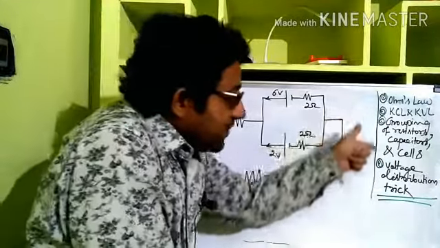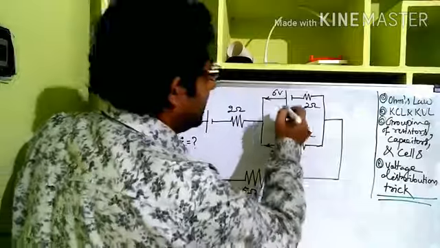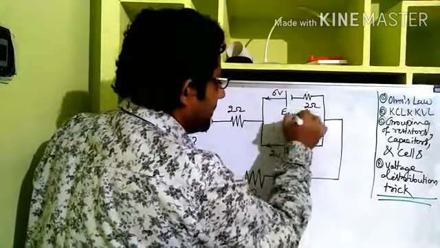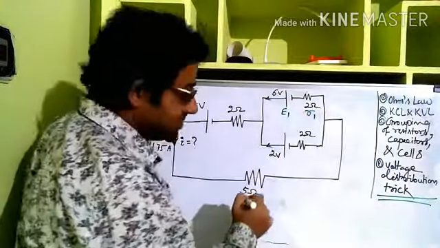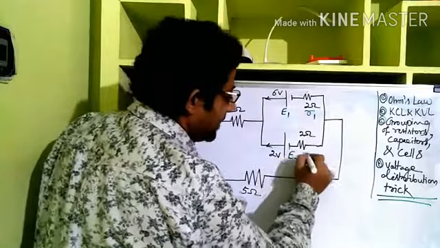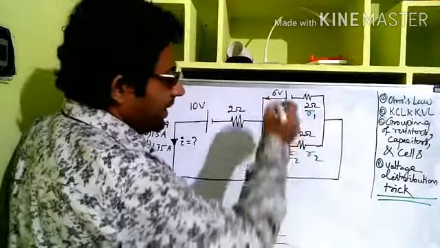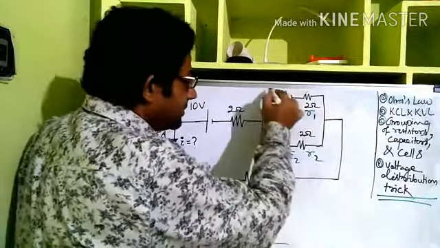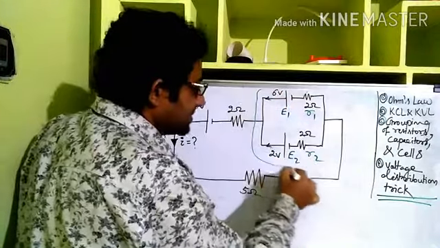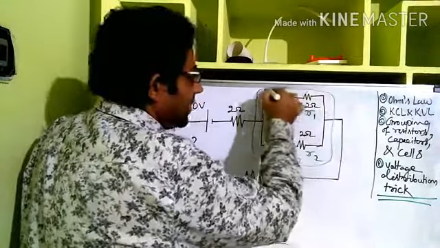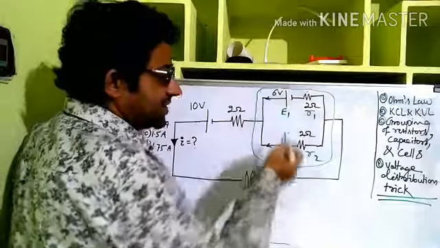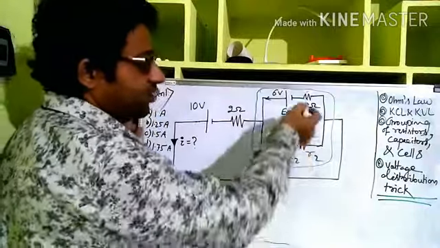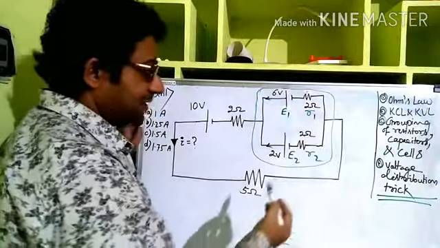See, for grouping of cells, you have a formula. If this is E1 with internal resistance R1, and this is E2 with internal resistance R2, you can consider this entire thing as one system. Clearly you can see that the 2 cells are in parallel, and their internal resistances are also in parallel.